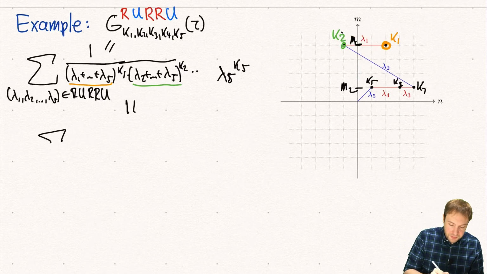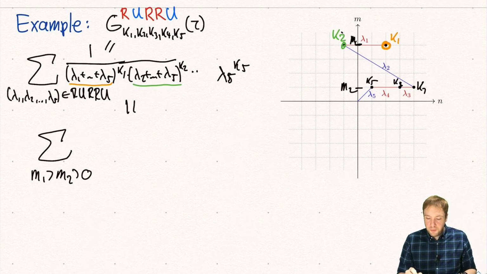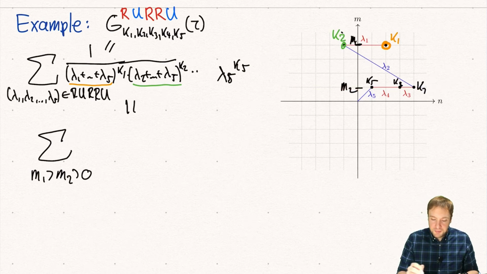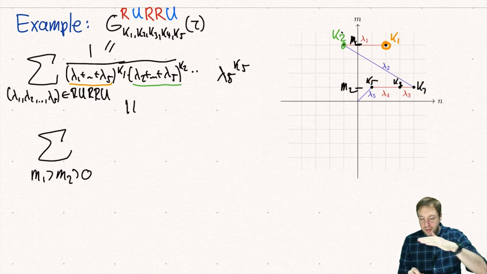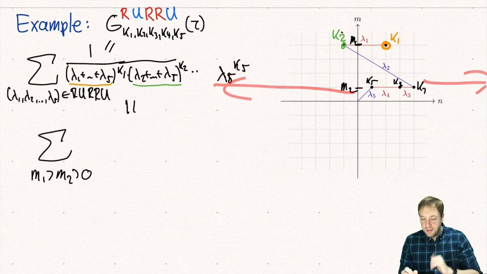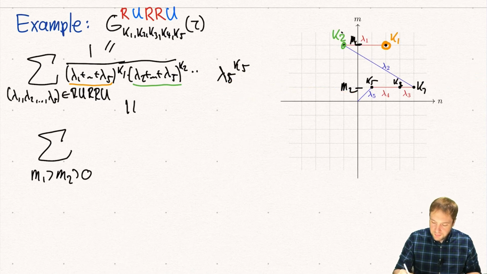So I could take the sum over M1 greater than M2 greater than 0. And for a fixed M1 and M2, I consider the sum over all points on this level, which can go up to the left and to the right. So here I take the sum over all N3, N4, N5, and also here I have N1 and N2.